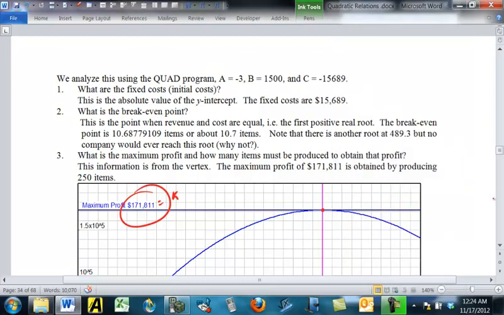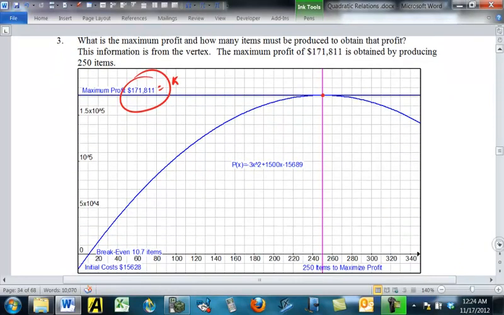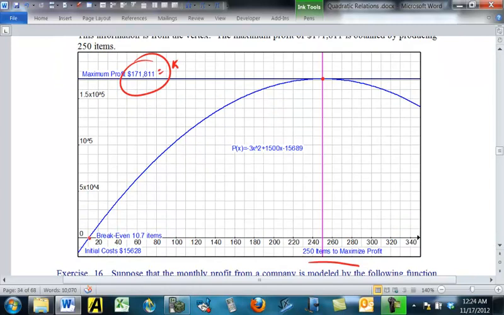Okay, just graph it, do a calc max here, do a calc root for the break-even point, which is 10.7 items. It's called break-even because the profit's equal to 0. Well, profit is revenue minus cost. Revenue equals cost, so these are even. They're the same as each other, that's what break-even means. Revenue and cost balance each other, they're the same. That gives you 0 profit.